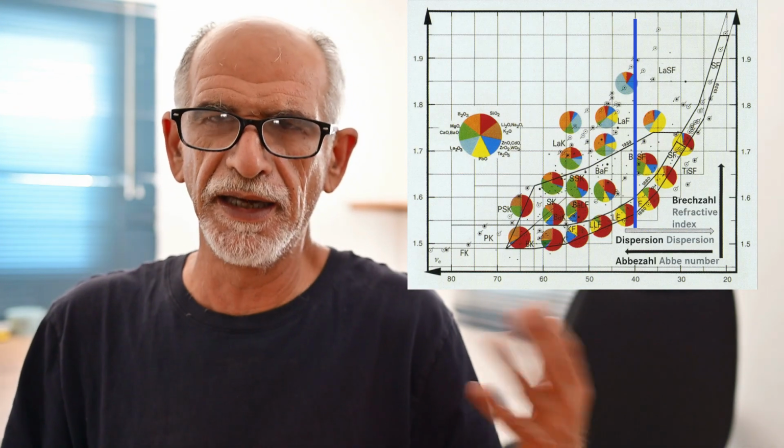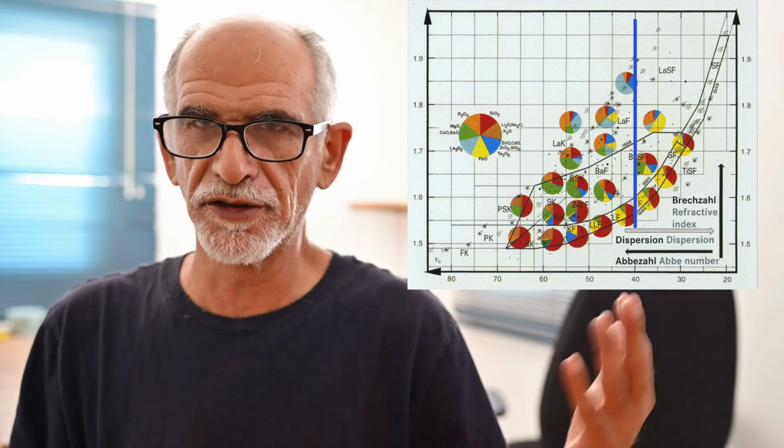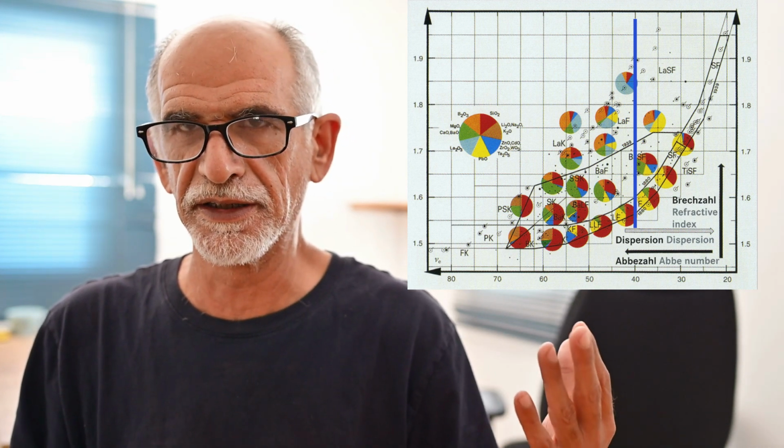You can either increase the refraction or decrease it. Increasing the refraction is done by adding oxides of heavier metals, such as mainly lead or lanthanum, to the sand.